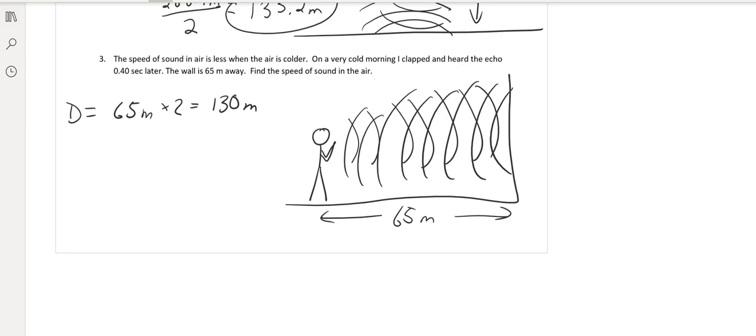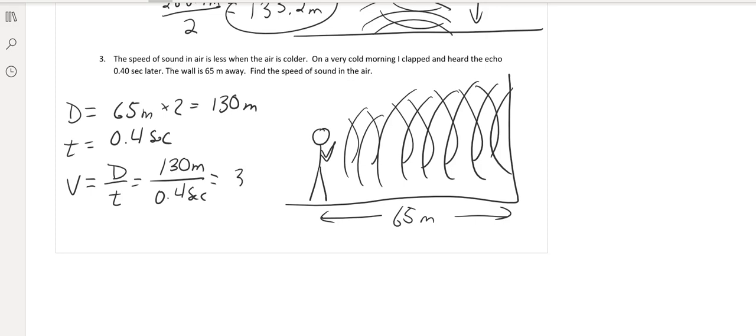Then the time down and back is 0.4 seconds. And so the velocity of sound would be distance divided by time: 130 meters divided by 0.4 seconds. And that would give you 325 meters per second.